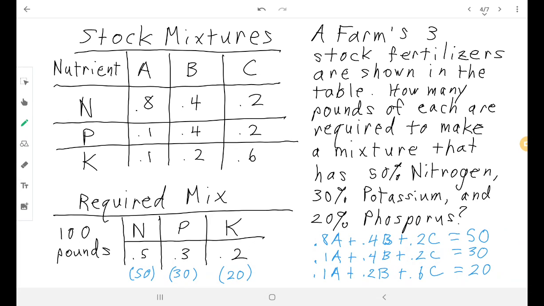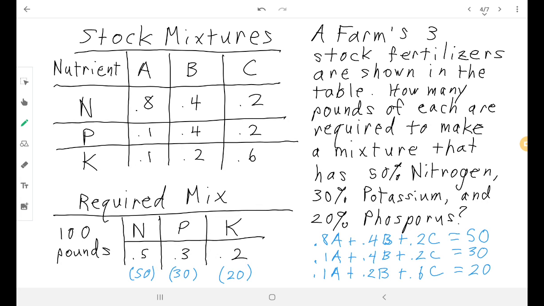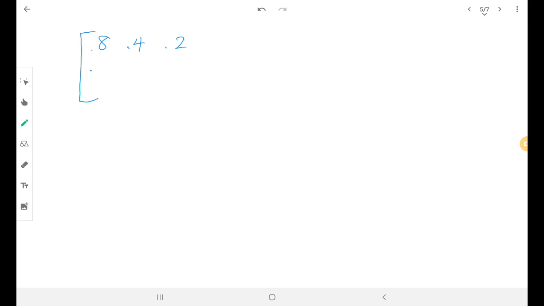And what I can do with that, let's go over, I can make a matrix A out of that, and that'll be 0.8, 0.4, and 0.2, then 0.1, 0.4, and 0.2, and 0.1, 0.2, and 0.6, and there's my matrix A. My matrix X, I think in the lesson they again call this one X1, X2, X3.